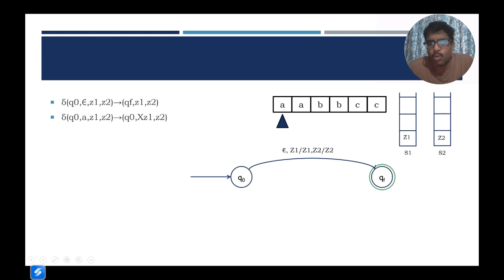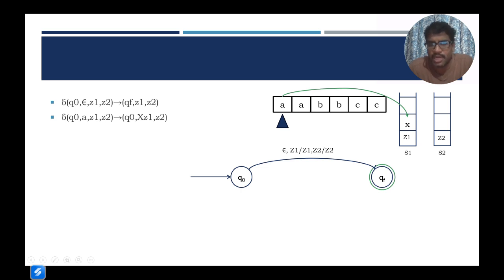Let us see how we represent that in the diagram. Now the A has to be pushed into the stack, converted into X and placed on the top of stack 1.